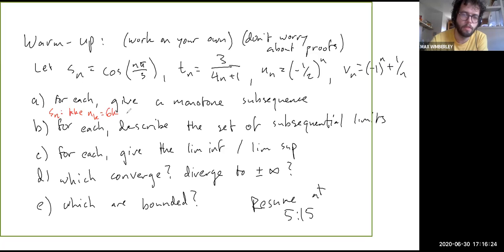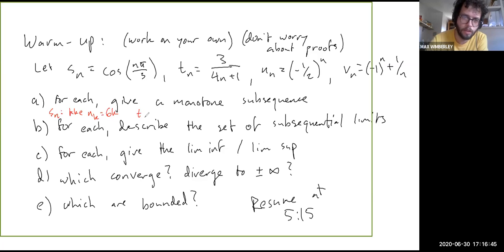Then you get the sequence that's just cosine of 2kπ, so that's just 1. So it's 1, 1, 1, 1, 1 over and over again. So it's constant, so that's monotone.